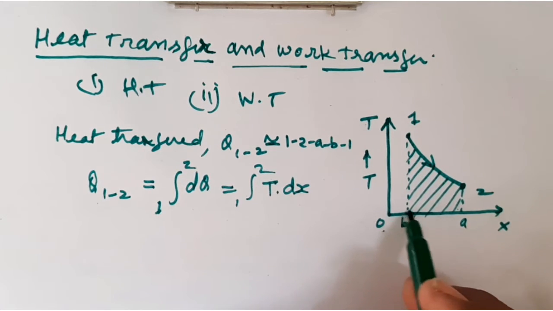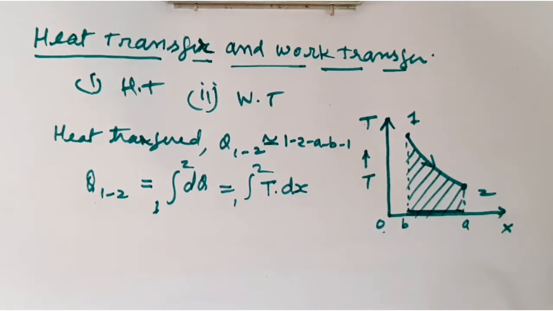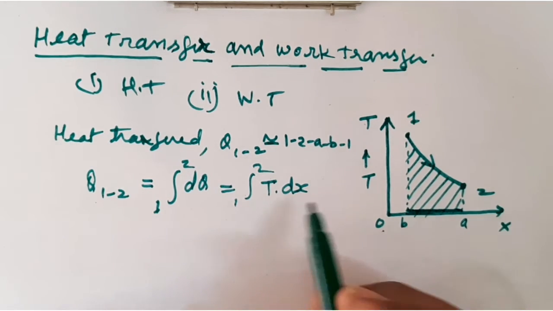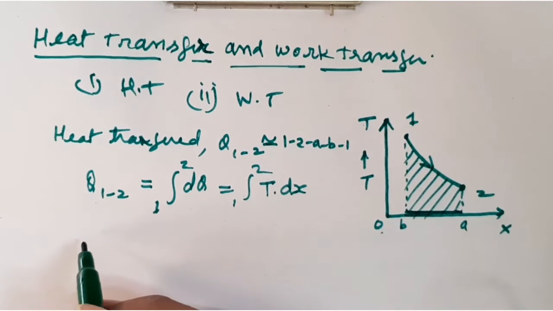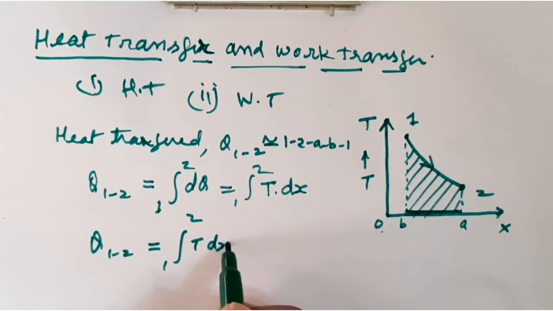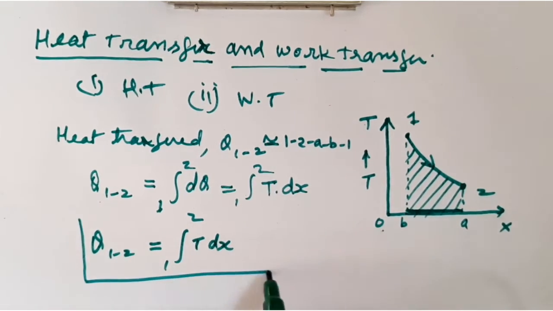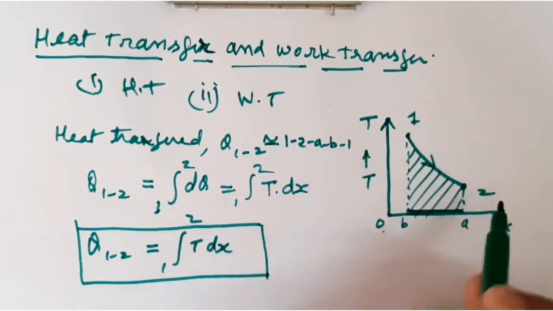This distance is required in the horizontal direction. Suppose this temperature is constant throughout the process, just assumed. In this case, we can say heat transferred during process 1 to 2 is equal to T dx.